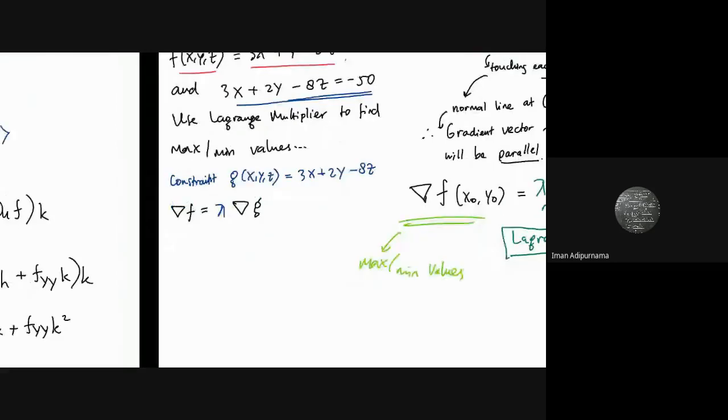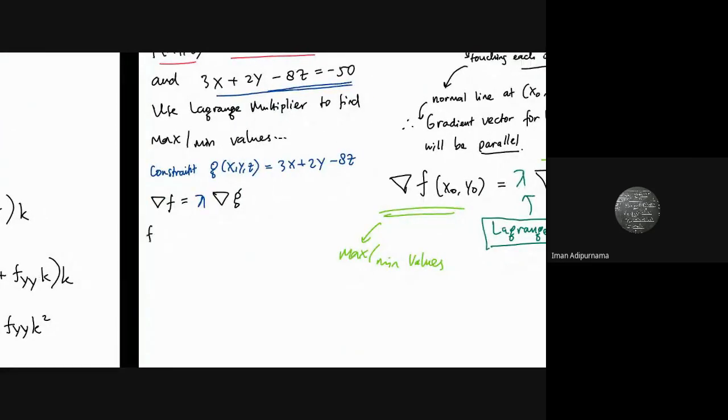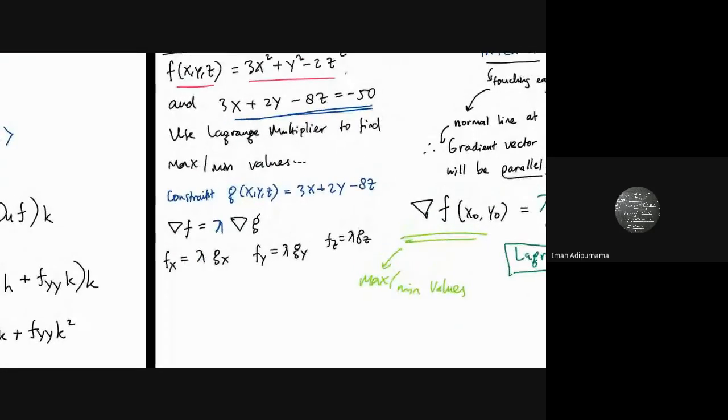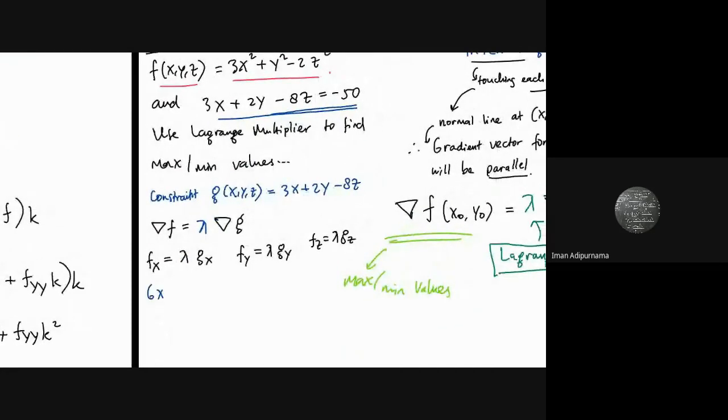So what does it mean? We take each axis. So this will be Lagrange, and partial y, this also will be Lagrange, and partial z, also Lagrange. So each will be calculated. So partial x of f should be 6x, right?